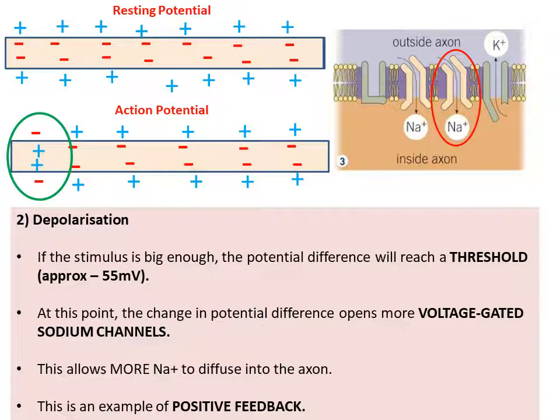Now if we look at this diagram, we can see that we've got the axon now, and at that very left hand side we've got a reversal of charge because the sodium ions have now moved into the axon. And so now we've got positive ions on the inside of the axon and negatively charged ions relatively on the outside. And so that point in the axon has been depolarized.